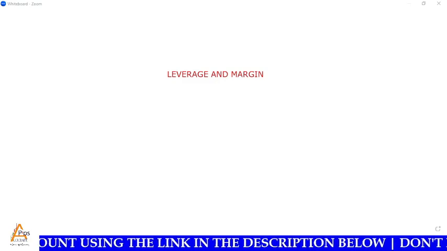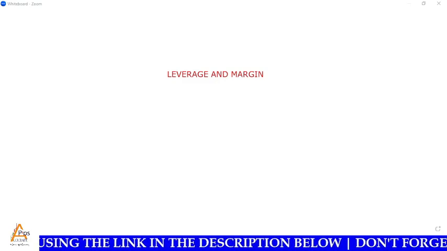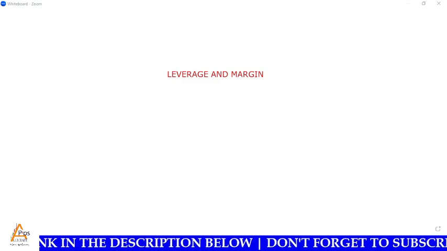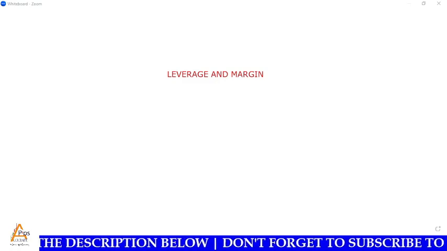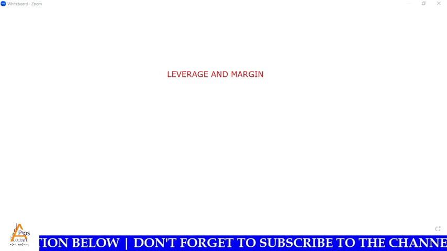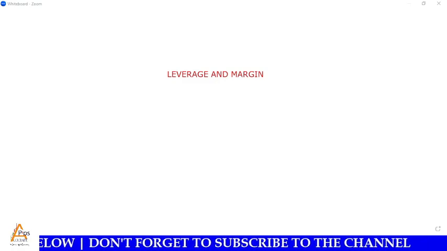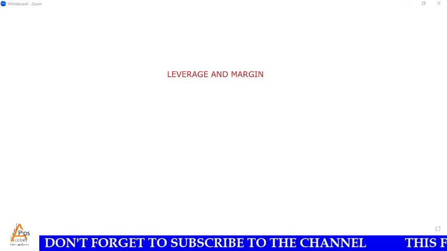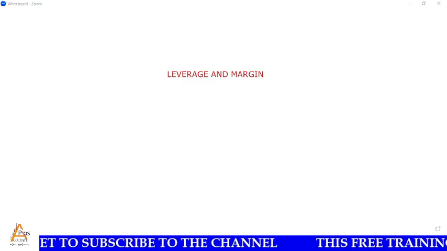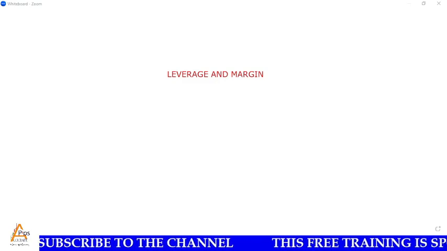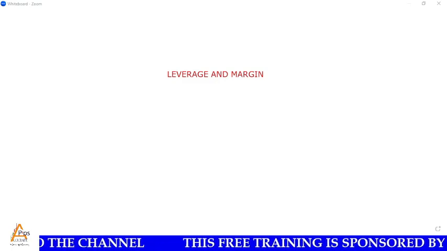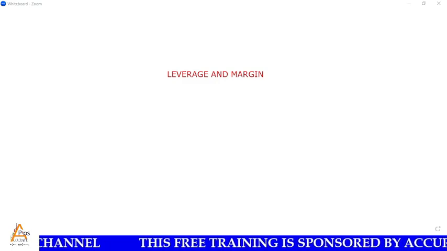So margin is the amount of soft cash, the digital cash that you are depositing, that a trader is required to put forward in order to be able to open and maintain a position with his or her broker. So the amount of soft cash that a trader needs to put forward or deposit in order to be able to open and maintain a position with his or her broker is what we refer to as margin.